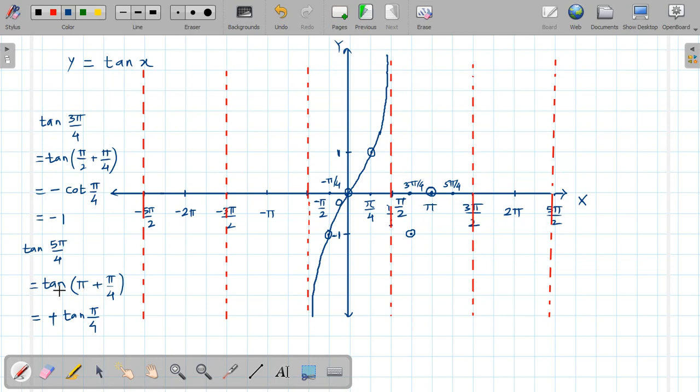By the allied angle formula, it is equal to plus tan pi by 4, and we know that tan pi by 4 is 1, so we get the point here.